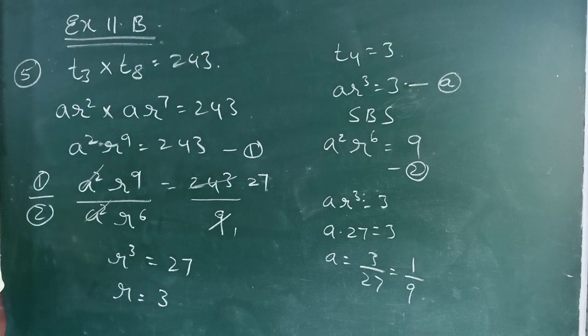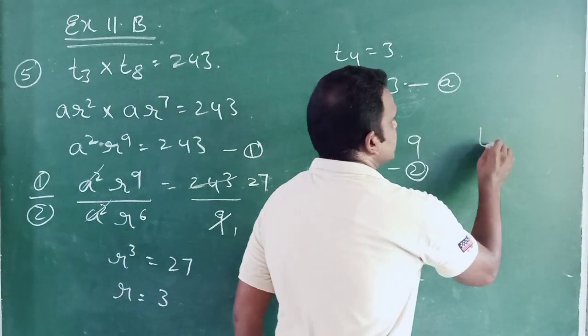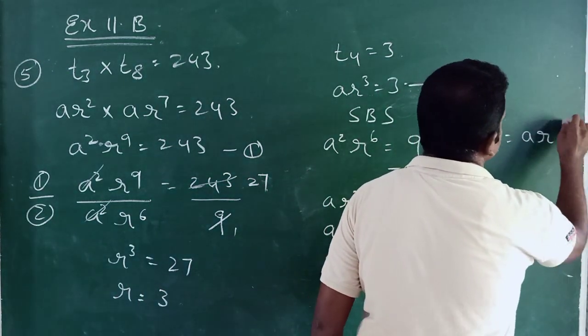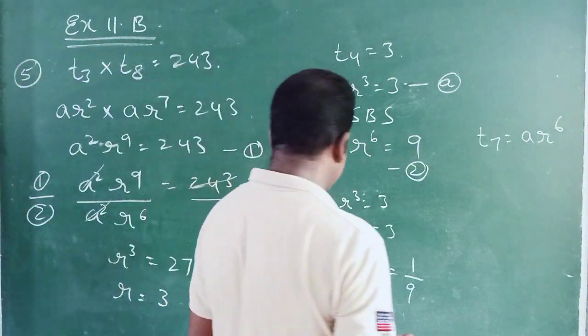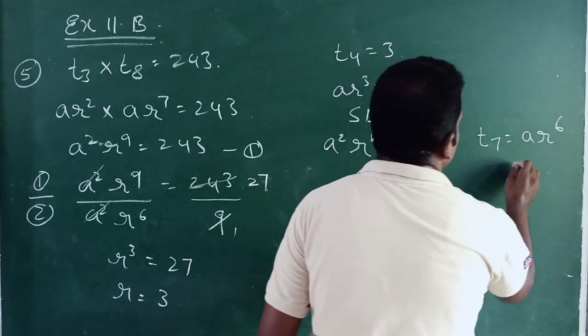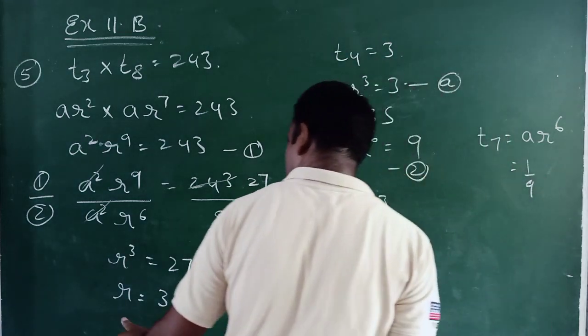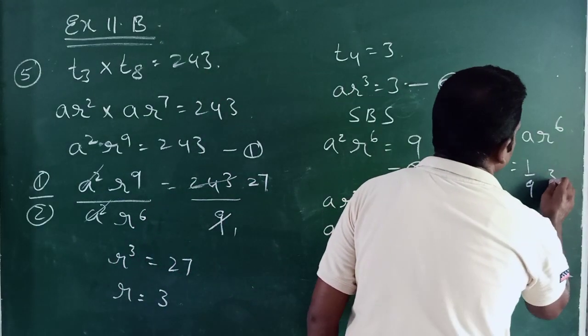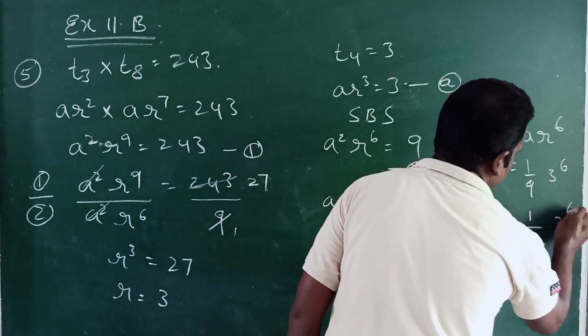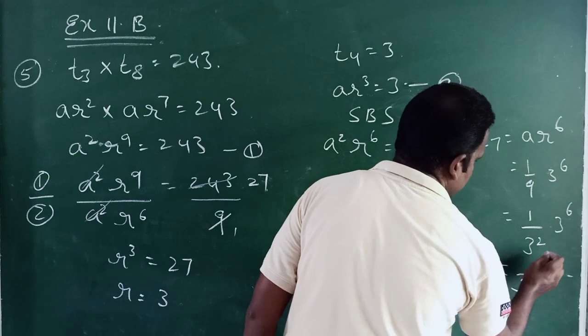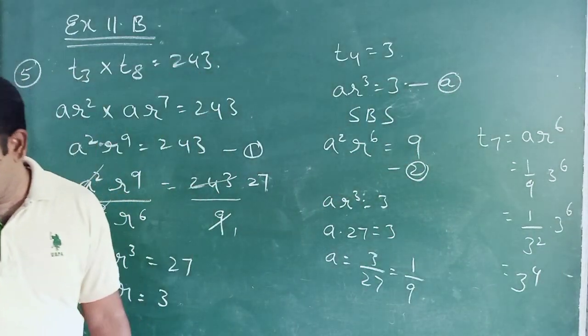Question: find its seventh term. Seventh term means T7 is equal to AR to the power of 6. A is equal to 1 by 9, R is equal to 3, so 3 to the power of 6. Write 1 by 9 as 3 square, so 3 to the power of 6 minus 2, that is 3 to the power of 4.